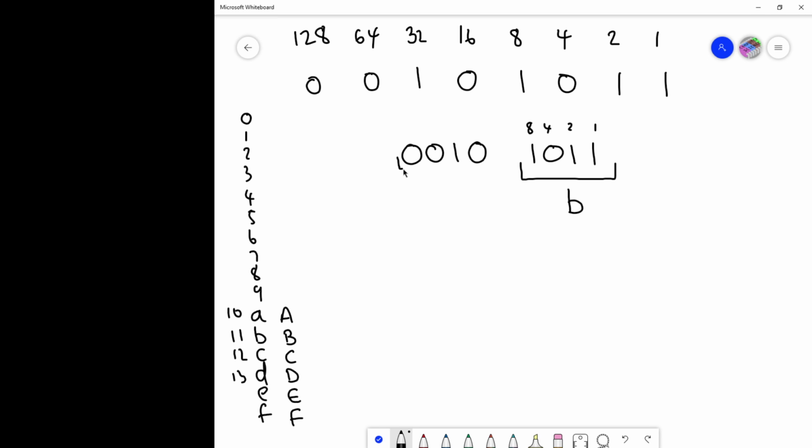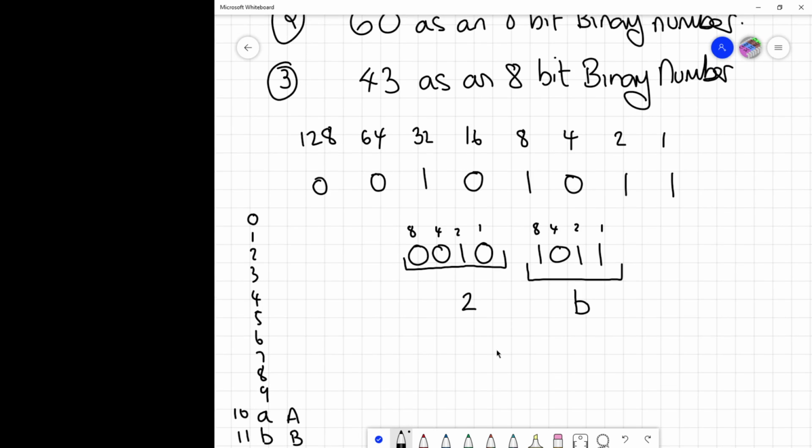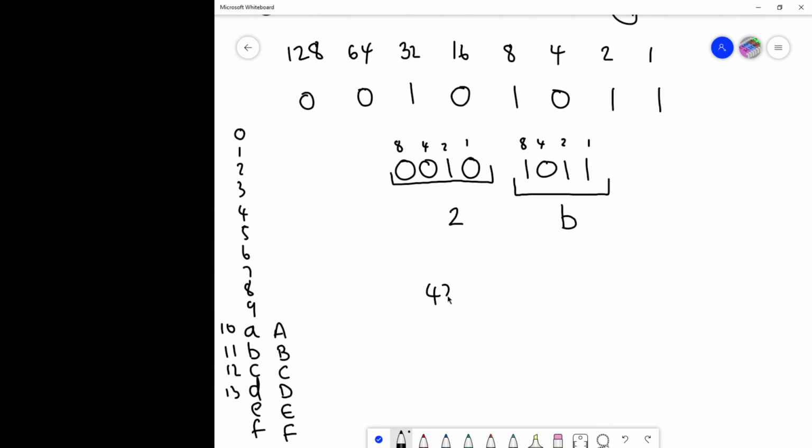We then look at this value, and it's just 4 bits again. So that's 1, 2, 4, 8. And if you want to put the column ends on, that's not wrong. So that's 2, isn't it? So that represents 2. So this number, which was originally 43, so 43 is equivalent to 0, 0, 1, 0, 1, 0, 1, 1, but it's also equivalent to 2b.